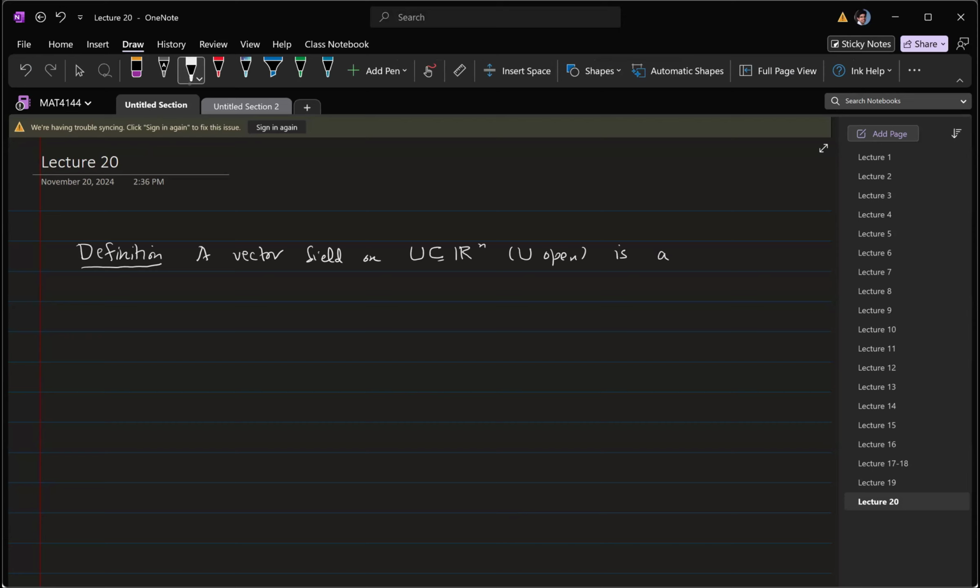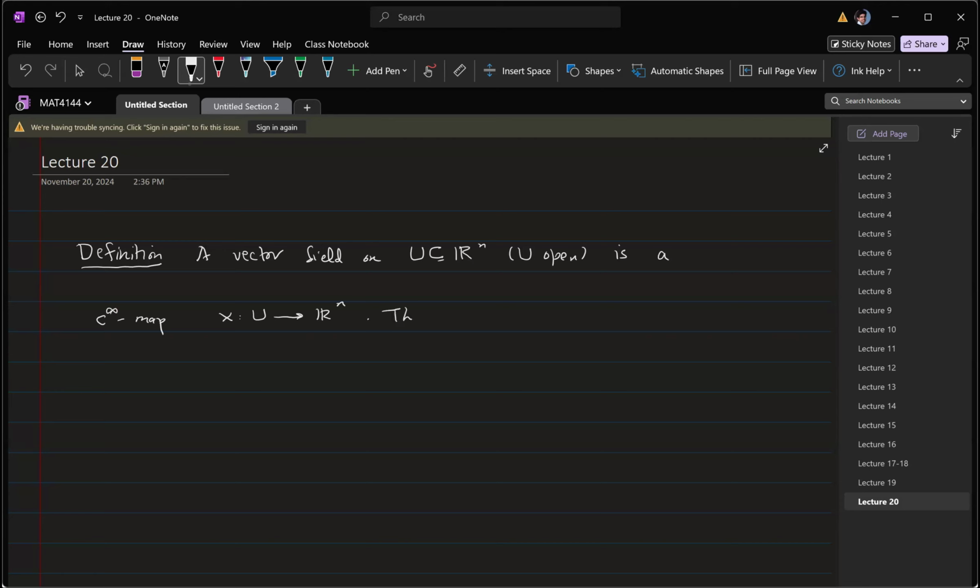And we are in a smooth world, so we want to assume as much differentiability as possible. So I say just a C infinity map, infinitely many times differentiable, like X that goes from U to Rn. So the vectors are in the same space where U belongs to, where U is an open set, okay?